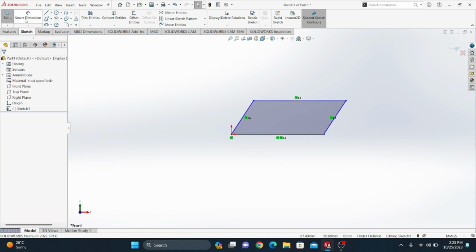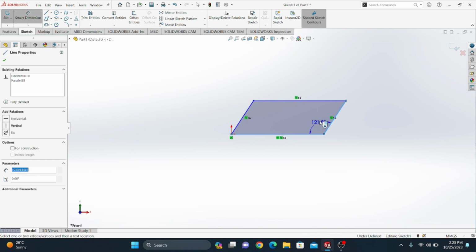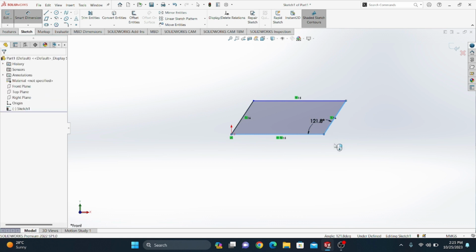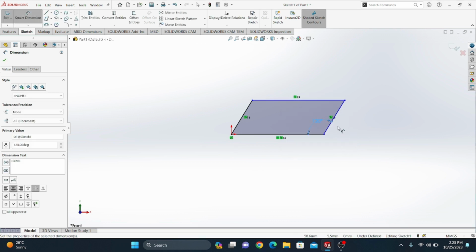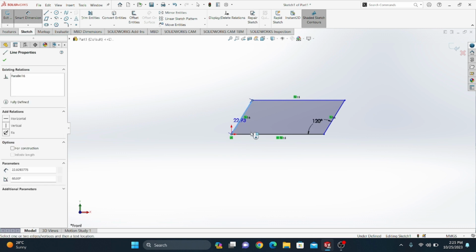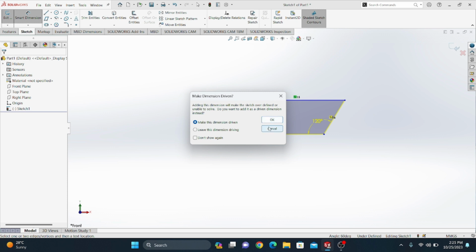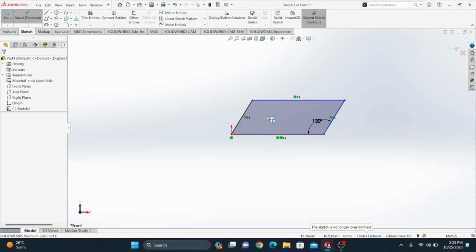For example, if you can see the angle, I'm keeping it 120, so this angle will be 60 degrees, and so is this one, this is also 60 degrees. There is a relation that these two are parallel, so they will stay parallel. If this is 60 degrees, then the other one will also be 60 degrees.